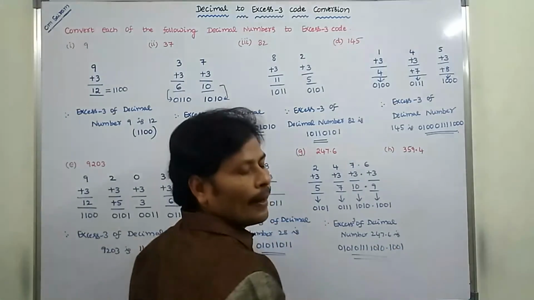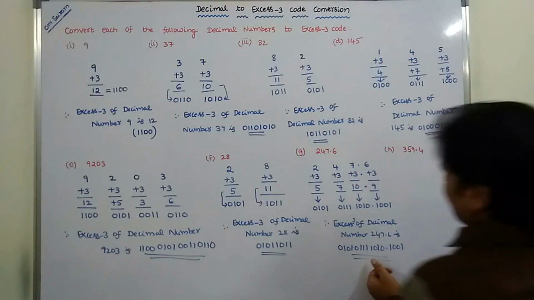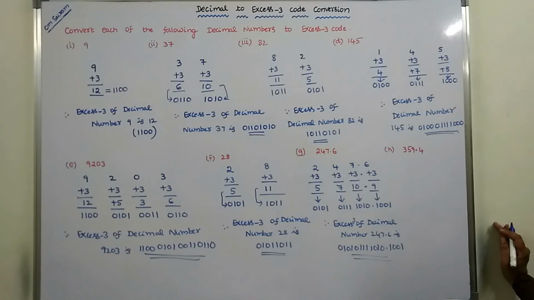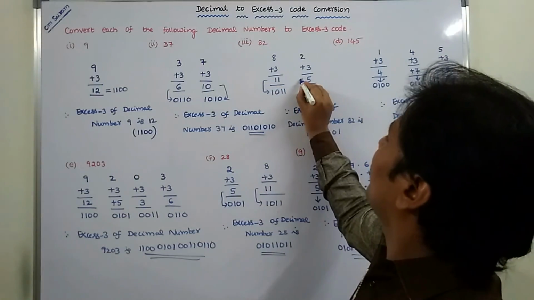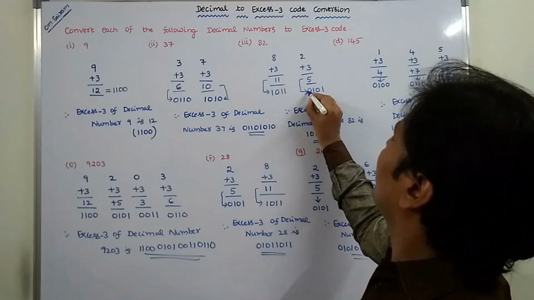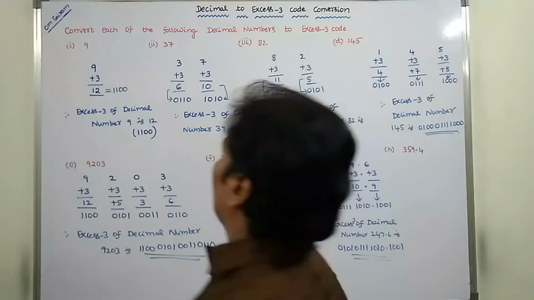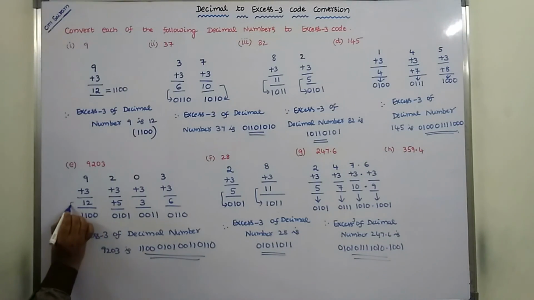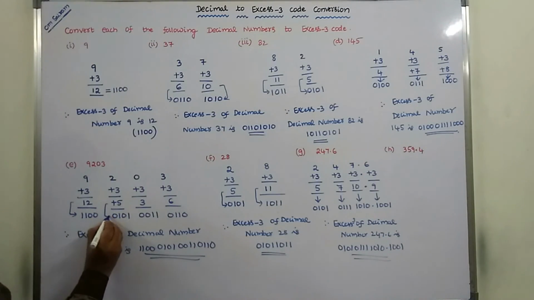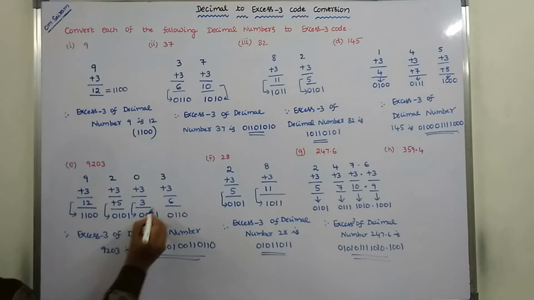So this is the given excess-3 code of decimal number 247.6.